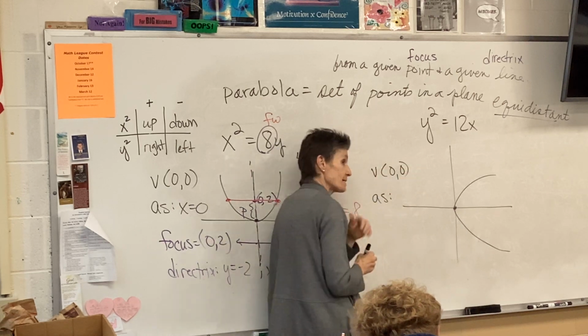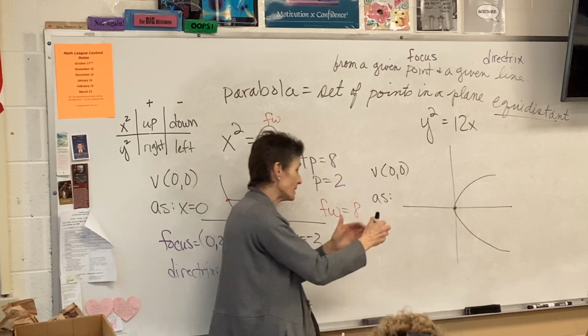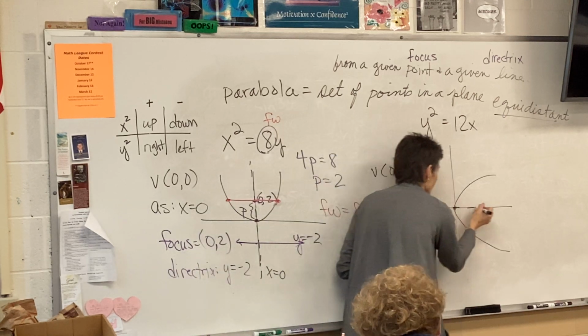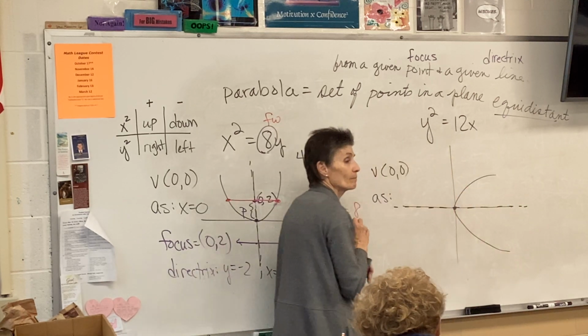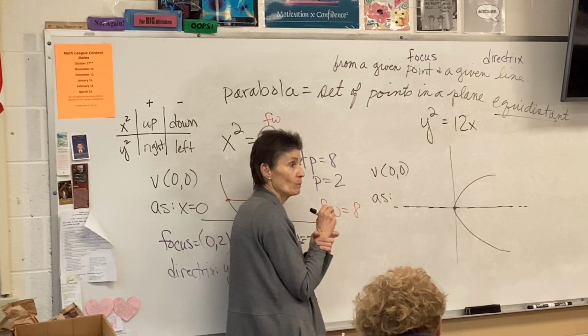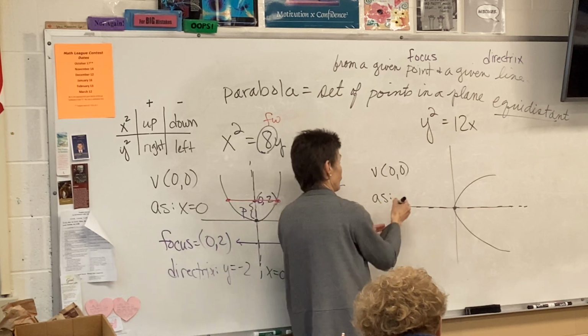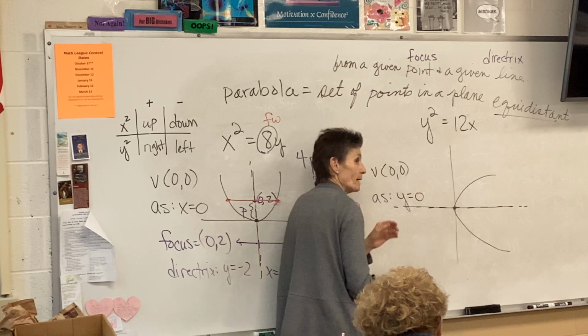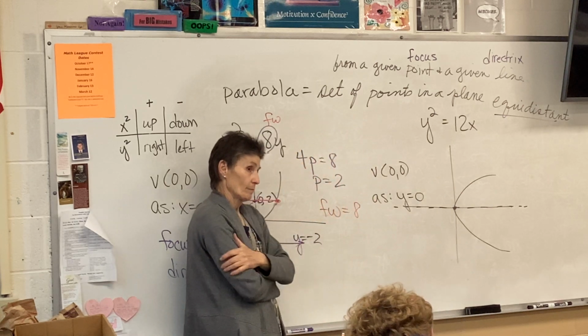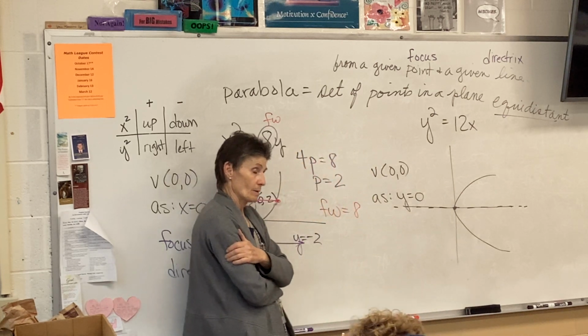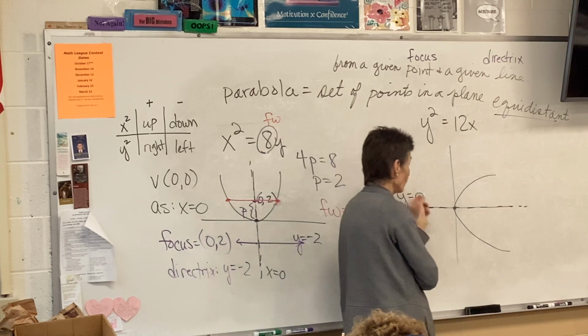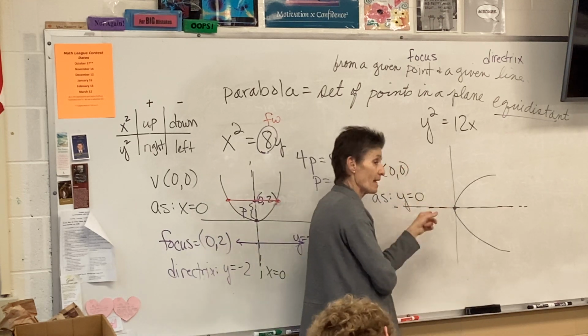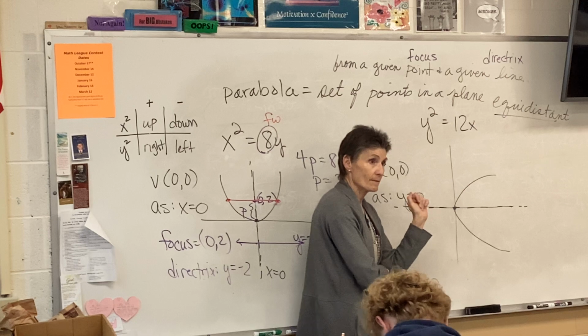Now, since I'm opening to the right, would you agree this is your axis of symmetry? And what is that equation? Y equals 0. Think about which axis does that cross? The y-axis?